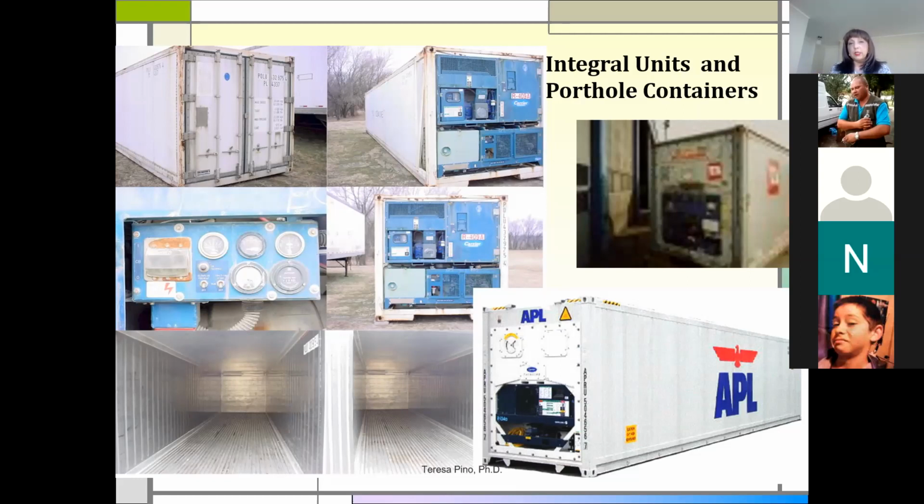If we're going to be sending, for example, butter, we need 24/7 temperature, so we're going to be using an integral unit. But if you're going to be sending sherries, for example, sherries can stay for a while without the temperature and then go back to the temperature. So in those cases, you would prefer a porthole container. So when the temperature has to be constant 24/7, you have to bet on integral units.